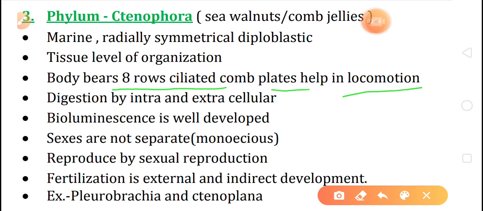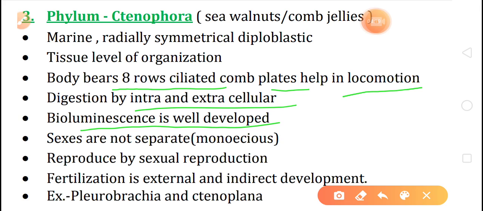Digestion in Ctenophora is intracellular and extracellular, meaning internal and external. Both types of digestion take place. A special feature in these organisms is that bioluminescence is well developed.